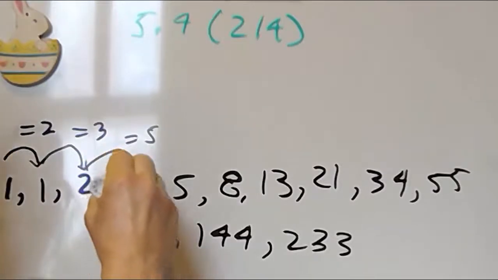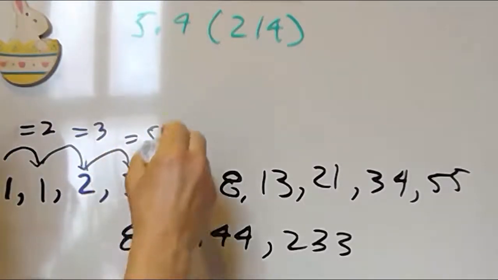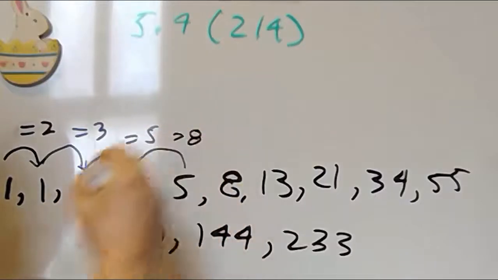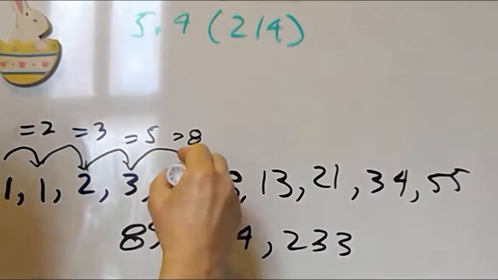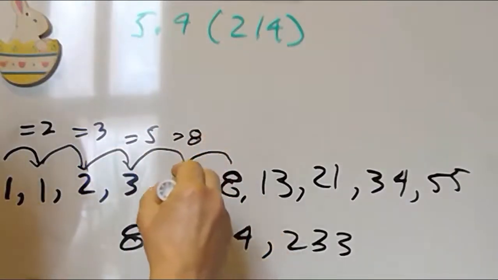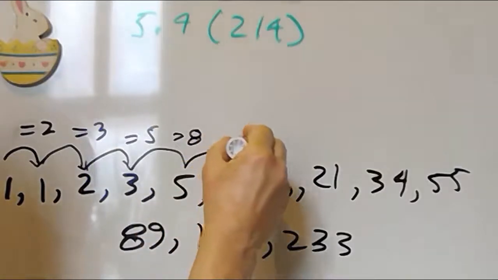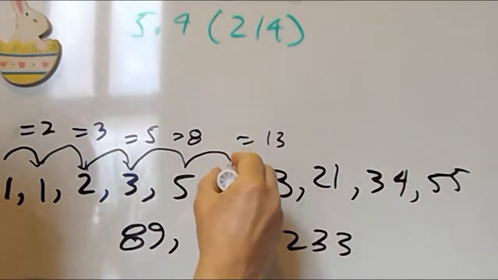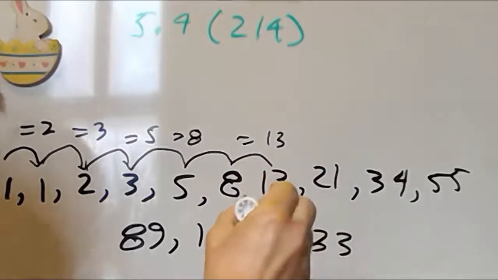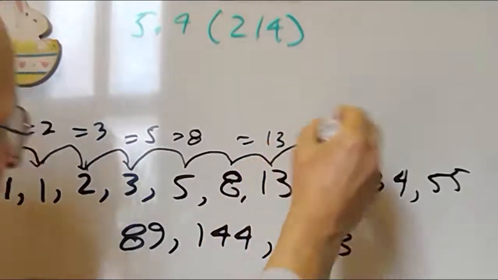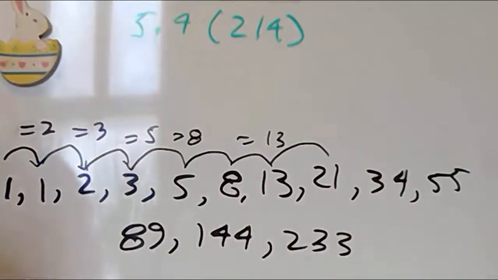And if we add 3 plus 5, we get 8, and that's our next number. And then if we add 5 plus 8, that's going to be 13, our next number, and so on, and so on.